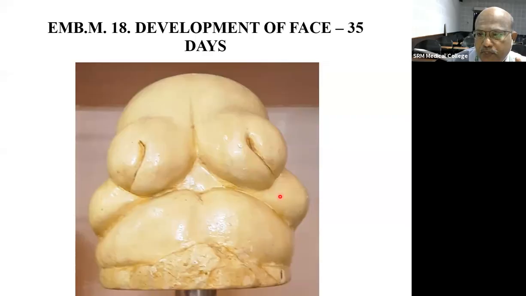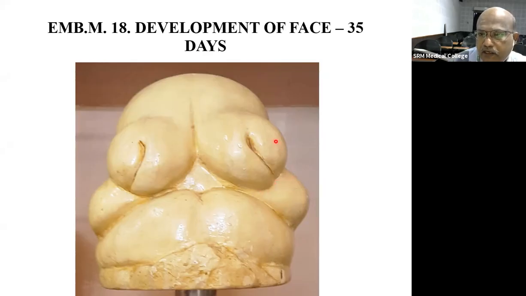So the maxillary process is not only getting fused with the medial nasal process, it is also getting fused with the lateral nasal process. If there is failure of fusion of these two medial nasal processes with each other, you will get a cleft in the median part. If you have failure of fusion of the medial nasal process with the maxillary process, you will get a cleft in the lateral part of the upper lip.